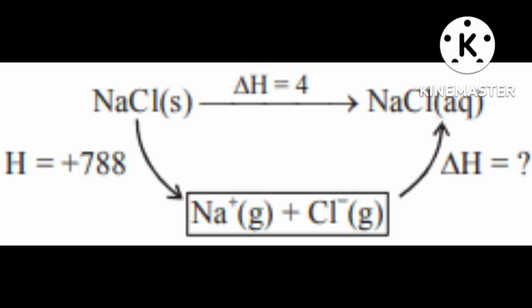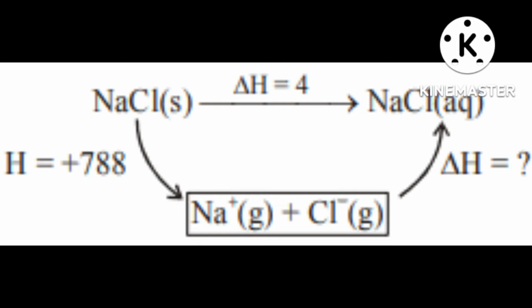Born-Haber cycle in the case of NaCl. This is easy to understand. It is in a cyclic form. First I will brief you, then I will come to the details. Here you have to follow 5 steps.